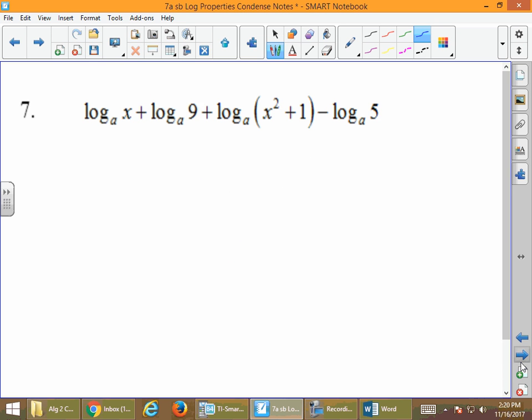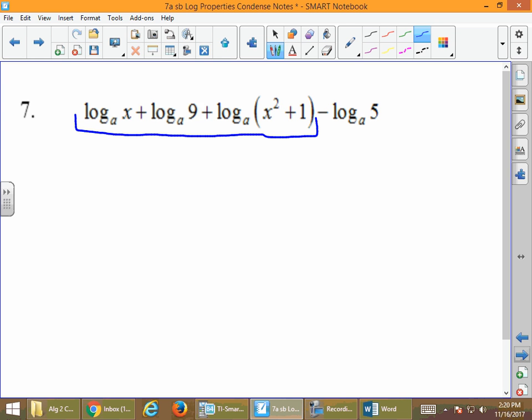Number 7. Log base A of x plus log base A of 9 plus log base A of x squared plus 1 minus log base A of 5. It kind of goes back to what we did on example number 3. When we look at this here, I like to do all of this part first, the part I just underlined, because it's log base A of x plus log base A of 9 plus log base A of x squared plus 1.